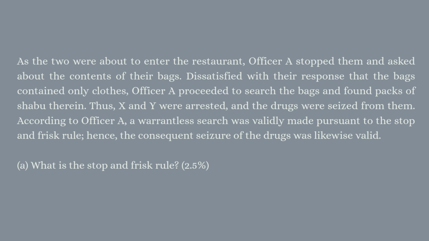Dissatisfied with their response, that the bags contained only clothes, Officer A proceeded to search the bags and found packs of shabu therein. Thus, X and Y were arrested, and the drugs were seized from them. According to Officer A, a warrantless search was validly made pursuant to the stop and frisk rule. Hence, the consequent seizure of the drugs was likewise valid.